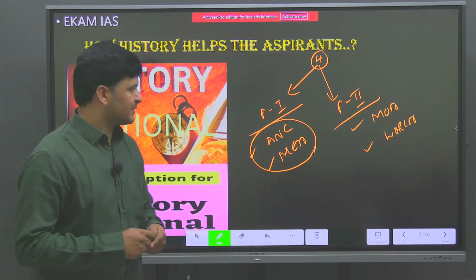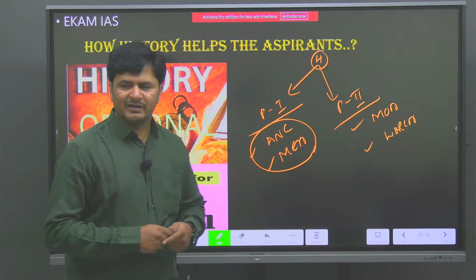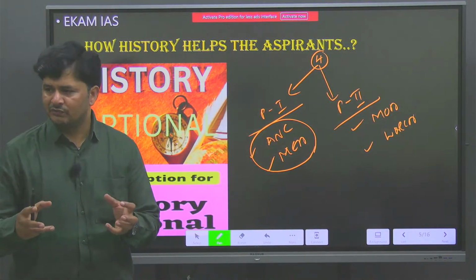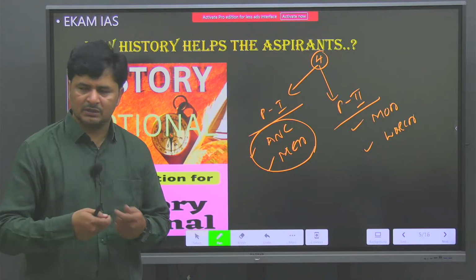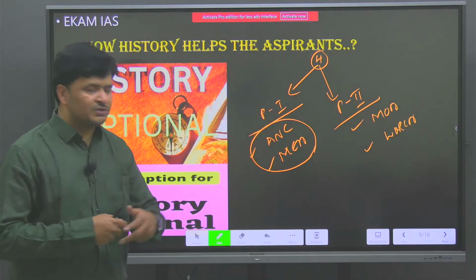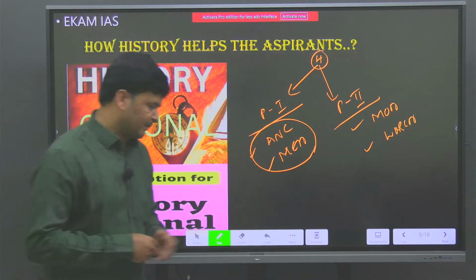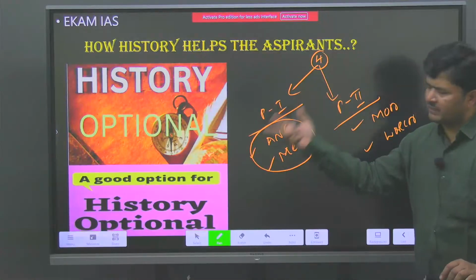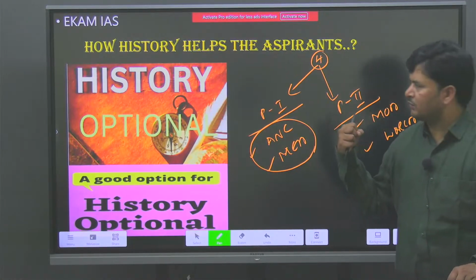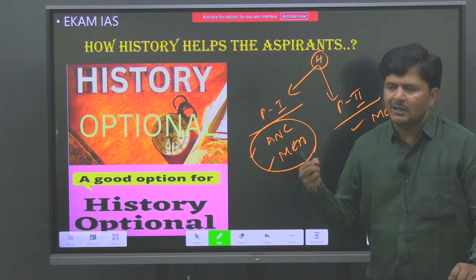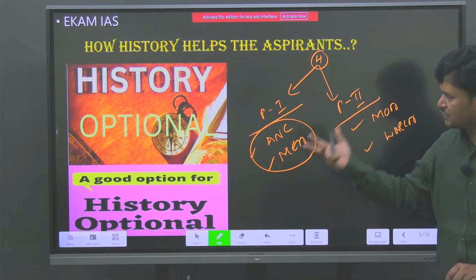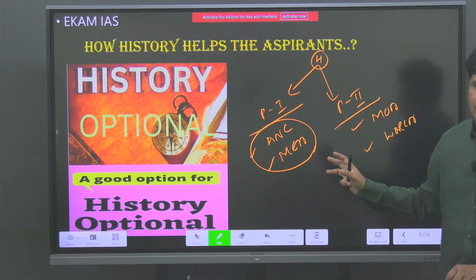There are so many advantages if you select history as an optional. Whatever doubts you have, you can post them in this session. Whatever subject you talk about, be it anthropology, sociology, history, political science or international relations, every subject has two papers.